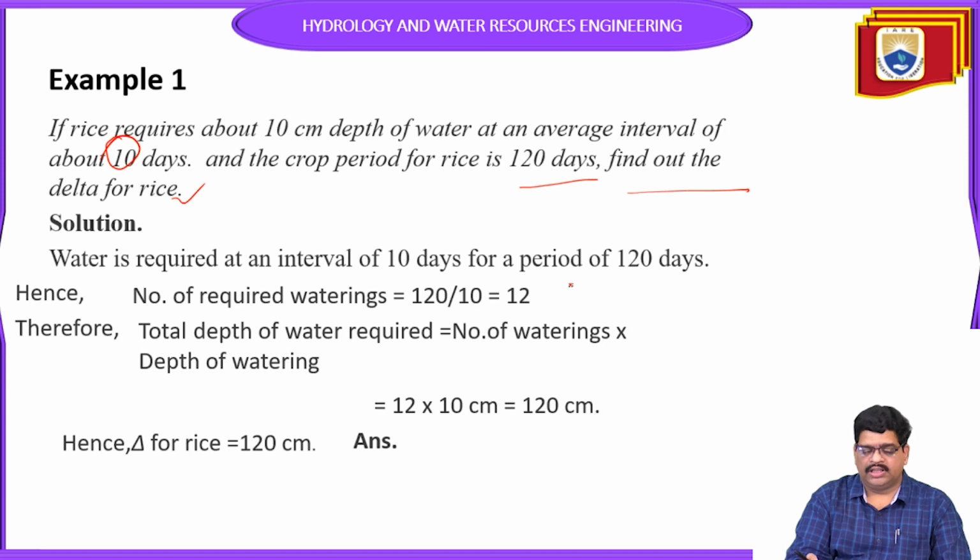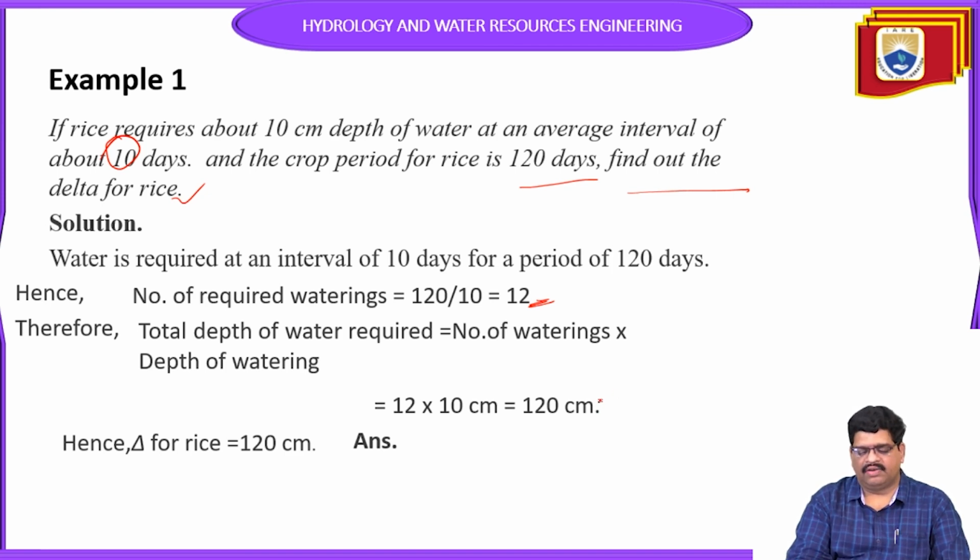Next, the total depth of water required is equal to the number of waterings into the depth of each watering. We already have the number of waterings for the entire crop, 120 by 10, which is 12. So the depth of water required is the number of waterings into the depth of watering, that is 12 into 10 centimeters, which is equal to 120 centimeters.